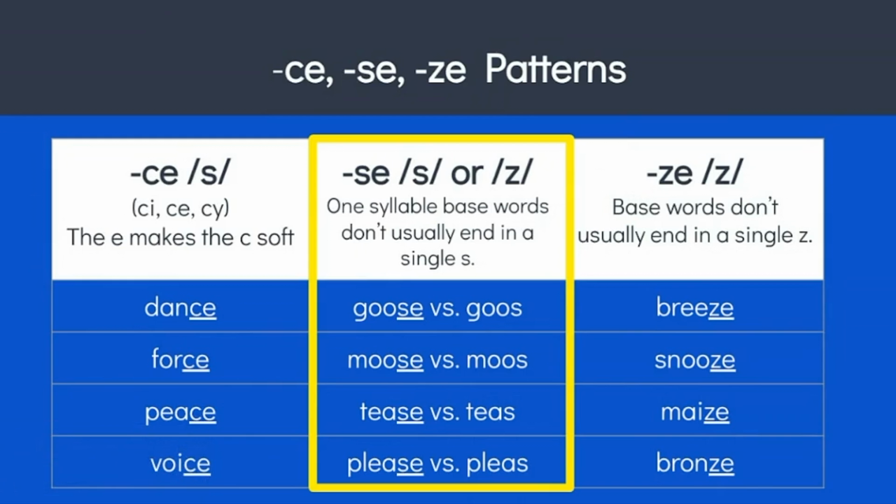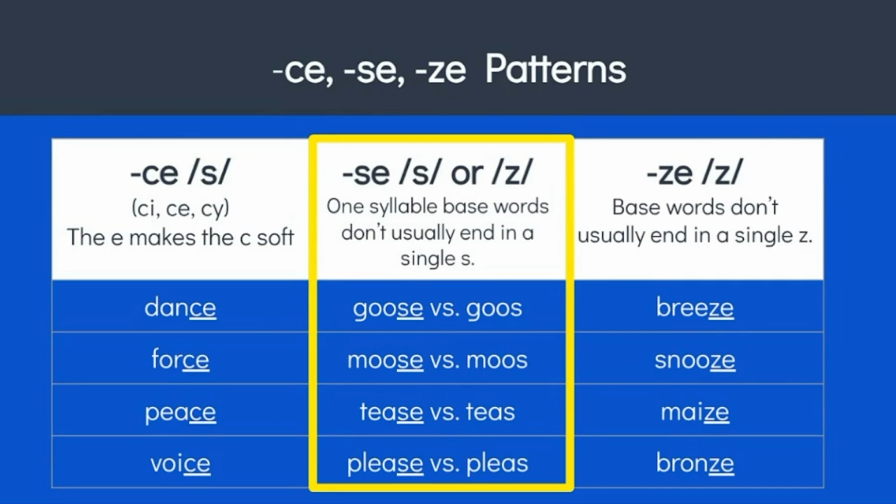Here, the E is added to distinguish it from a plural word. For example, goose and the plural word goose, moose and the plural word moose, tease and the plural word tease, and please and the plural word please.